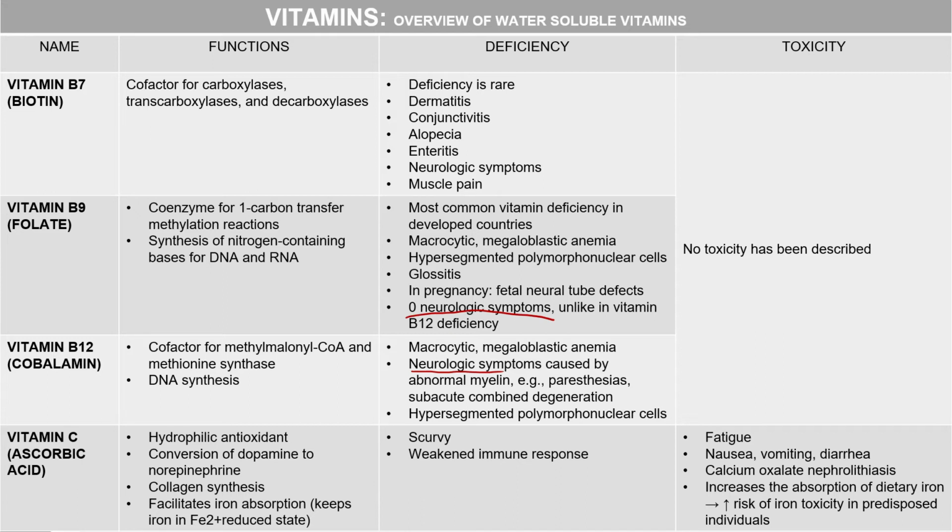When you have toxicity, like hypervitaminosis of vitamin C, a patient can have fatigue, nausea, vomiting, diarrhea. If a patient is predisposed, he can have a high risk of iron toxicity.